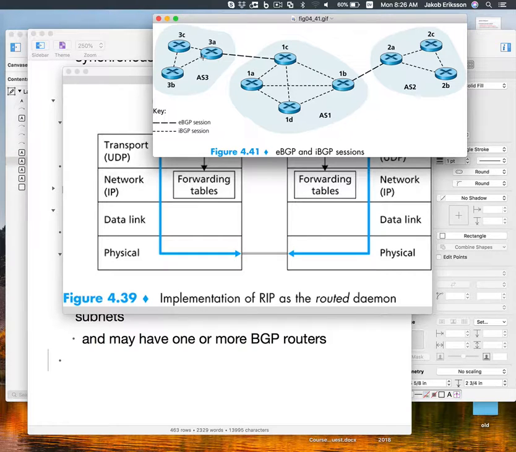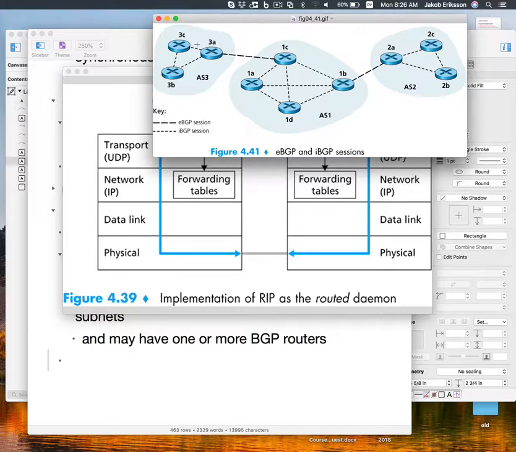So this is quite different here. AS1 could put in a policy saying, well, I want to be able to talk to AS3 and AS2, but I don't want them to talk through me. This is not something that we've seen in, or that is even possible in link state routing or in distance vector routing, because we have no way to really express it.